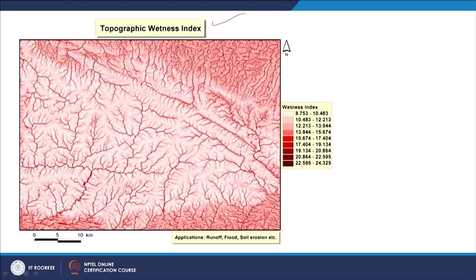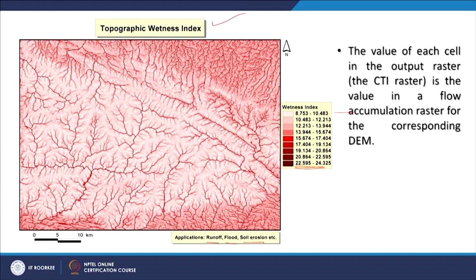As you can see, in the darker areas, the main higher order streams, you have much higher wetness, naturally. And there are areas where the values are very low, which are shown here in light pink color. Application areas of topographic wetness index are runoff, flood, erosion, etc. So, when you calculate this topographic wetness index, the value of each cell in the output raster of topographic wetness index or TWI is derived from the flow accumulation raster for the corresponding DEM.